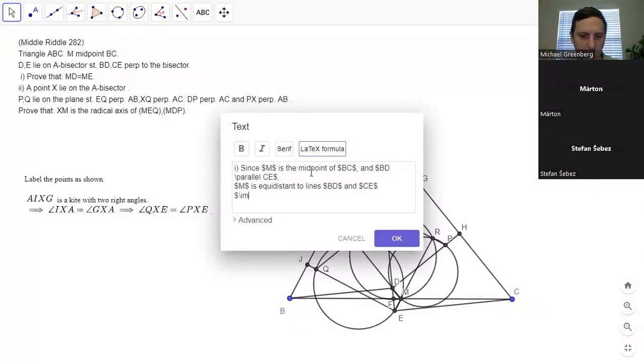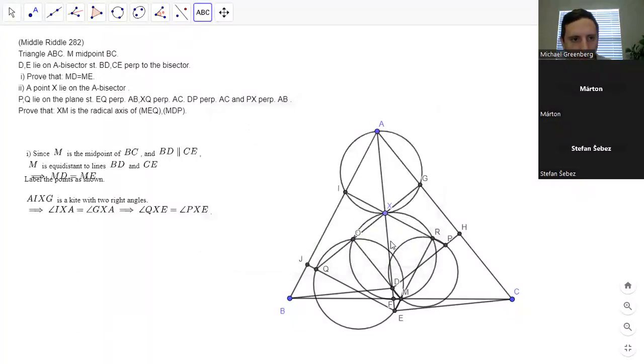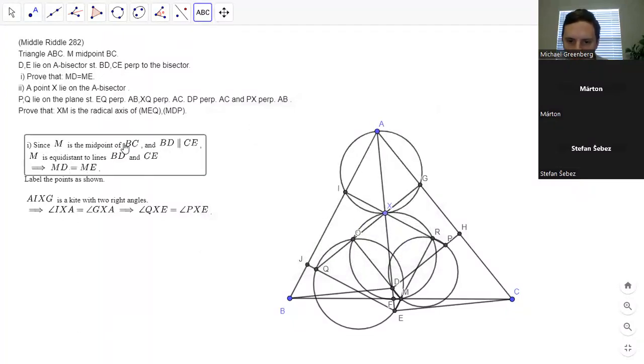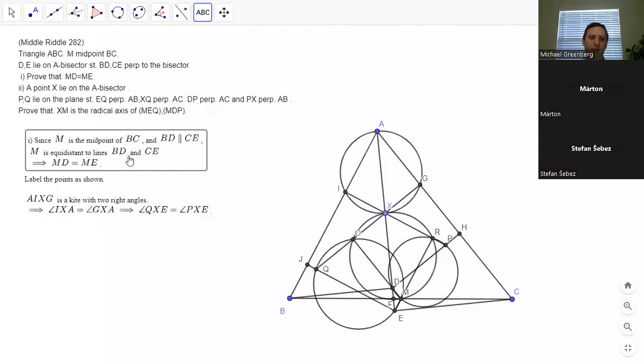And so that means that MD equals ME. I guess, let's see. M is the same distance, but I feel like there's one other thing we probably have to say there.